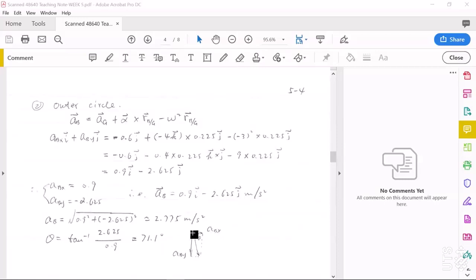ABY is negative, it means it's downward. So finally, we can work out the magnitude of AB, and we can work out the direction of AB. We can work out this angle theta.